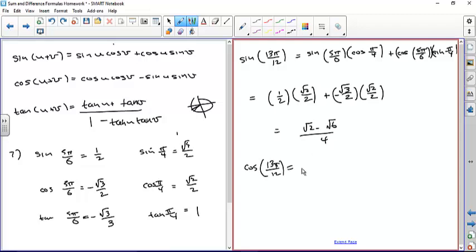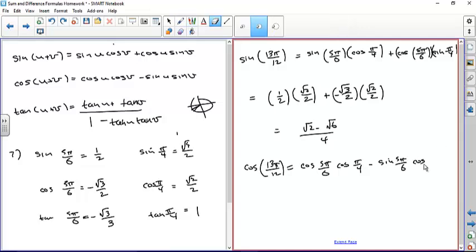Okay, so the cosine of 13 pi over 12 is the cosine of 5 pi over 6 times the cosine of pi over 4 minus the sine of 5 pi over 6 times the sine of pi over 4. Okay, so let's plug them in there.